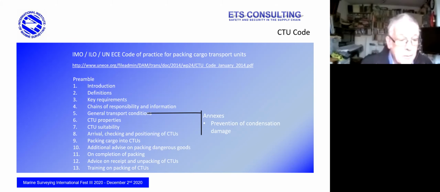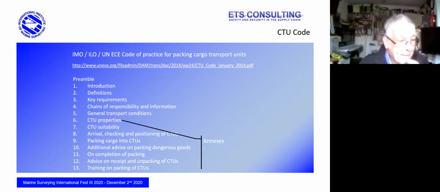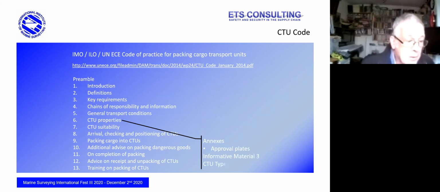Condensation is a huge cause of damage, and we've got information in the annex on that one. And the CTU properties has information on the approval plates, and there is a large section in informative material 3 looking at the different types of CTU. Just in itself, that's a useful piece of information.